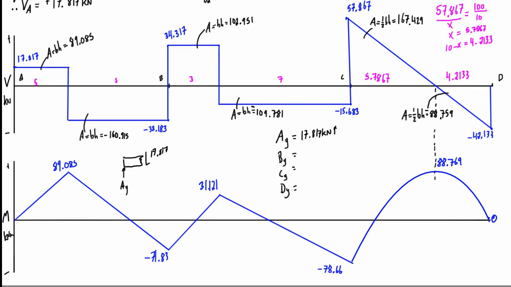Now when we look at point B, I think I mentioned this earlier, where we had the point load pressing down and we get the jump downwards in the shear force diagram. Well, when we have a jump upwards going left to right, that's due to a point load acting at that location, and that would be the point load caused by the reaction BY. So if we take negative 32.183 plus 34.317, the sum of that is 66.5 kilonewtons, and that is also oriented upwards.